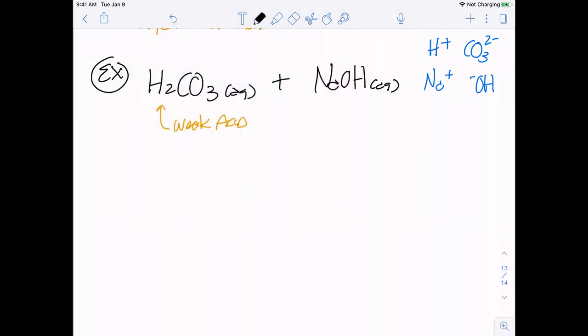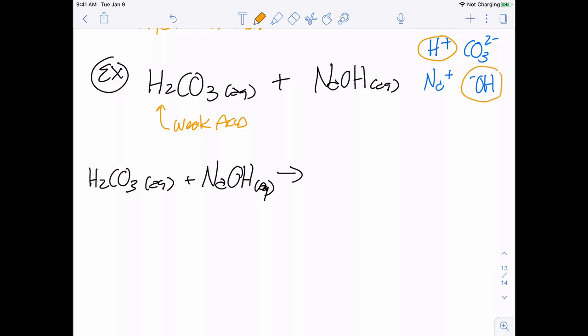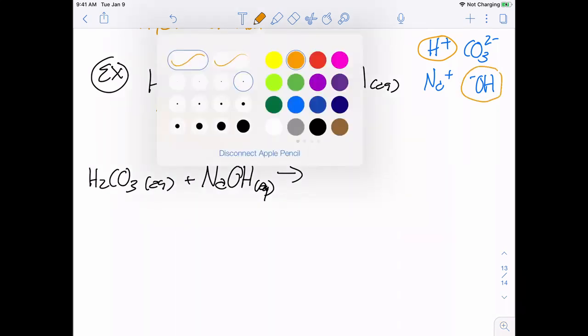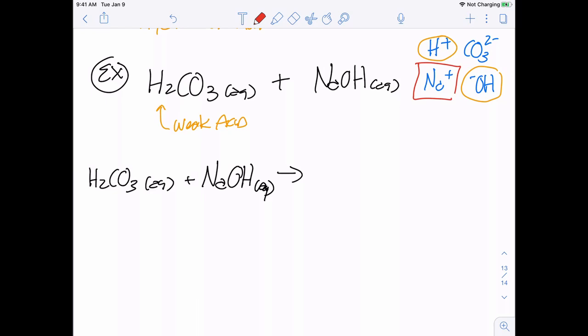So my balanced chemical equation, I have H2CO3. I'm reacting it with sodium hydroxide. That's an AQ, believe it or not. And then same sort of idea. I'm going to form water. Again, those are going to covalently bond to each other. And then my salt is going to be sodium carbonate.